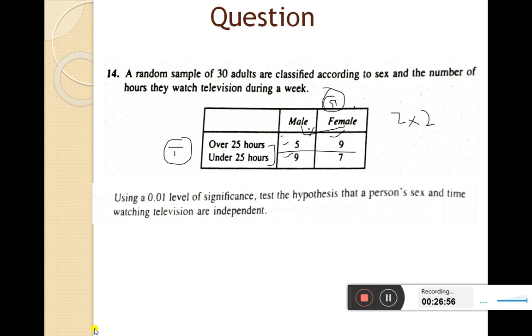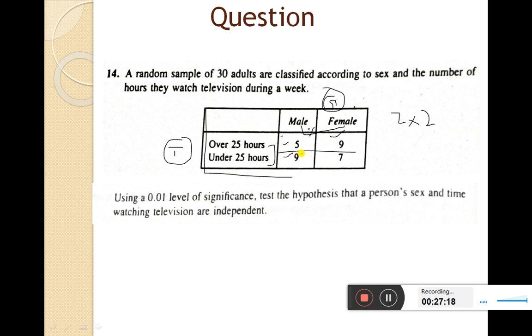Now, if you notice the question and focus on the table, you will find, as I told you, that it has two variables. One is gender, one is time, and each has two labels. That is known as 2 cross 2, when it has two rows and two columns.